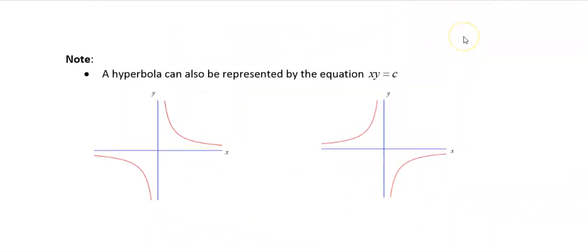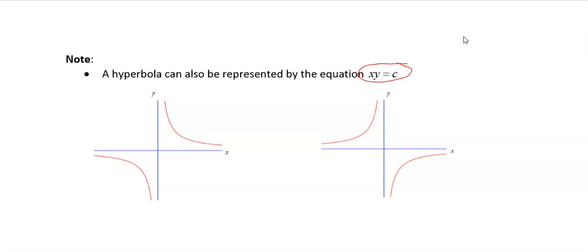Now, we don't do a whole lot with this, but there's another form that the equation of a hyperbola can take on. Basically, just something like that right there. You see that? X multiplied by y equals a constant. That will also give you hyperbolas. But you notice they don't open up and down or left and right.